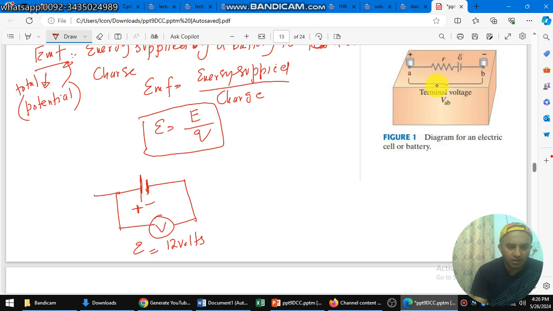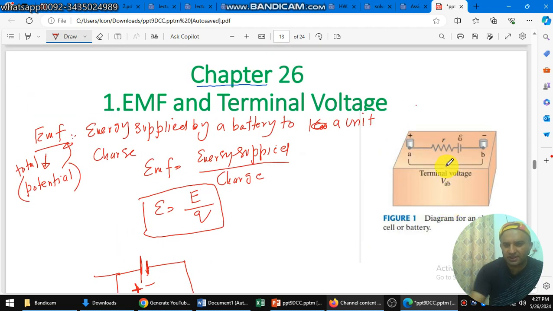Okay, but as we know, the battery also has some internal resistance. So practically, the battery has internal resistance with it.